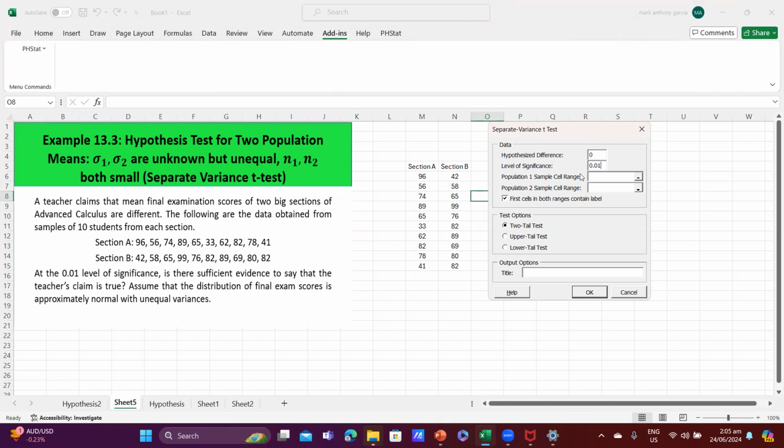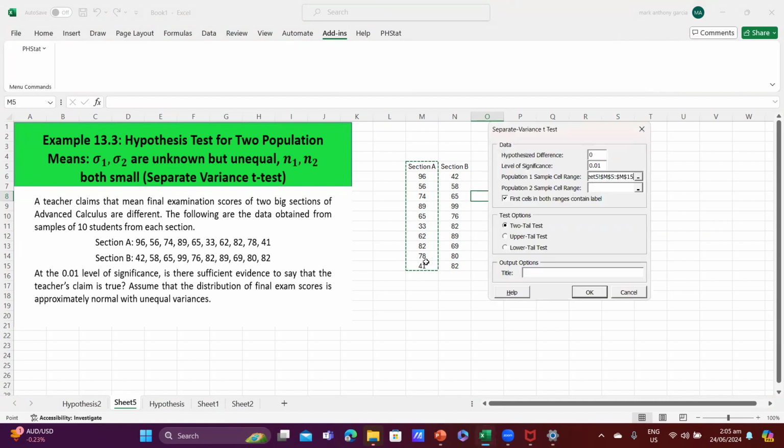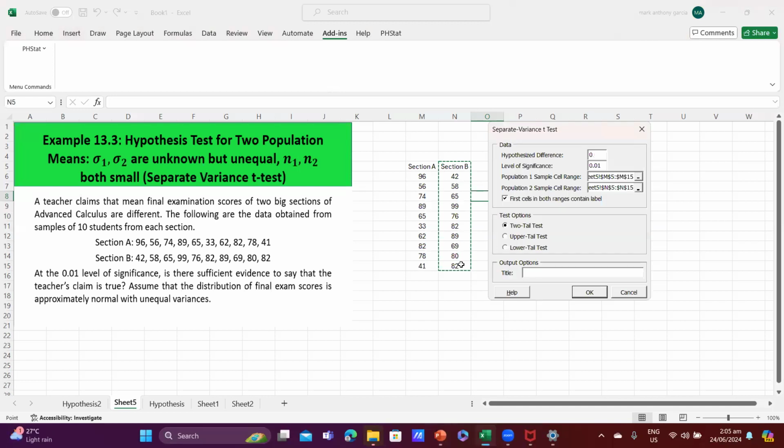And then we shall encode the data. So for the population 1 sample cell range, we click this part and then we hover our cursor into our data. So we can click this cell involving the label and then drag it up to the last data for section A. And then for the population 2 sample cell range, we do the same thing, and then we click section B and then drag until the last data.